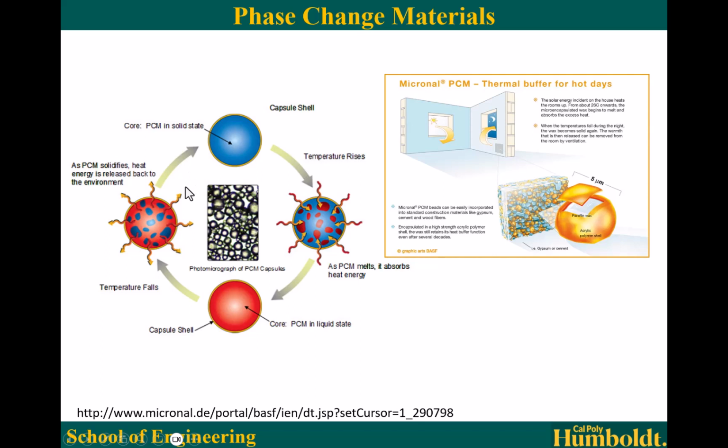Solidification is exothermic, so energy is released into the environment. So basically, this absorption of energy from the environment will seek to drop the temperature. When it solidifies and it's exothermic and releases energy, it will raise the temperature of the environment. So a PCM is trying to keep the environment at a stable, specific temperature, and that is the melting temperature of the material.